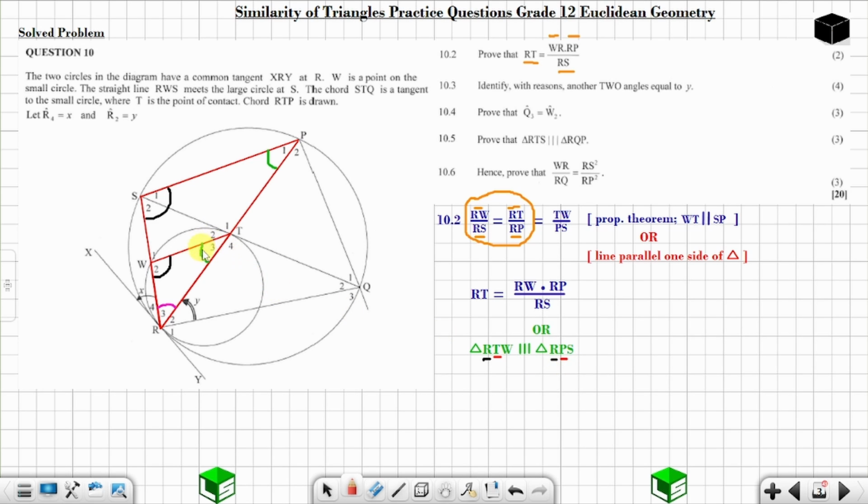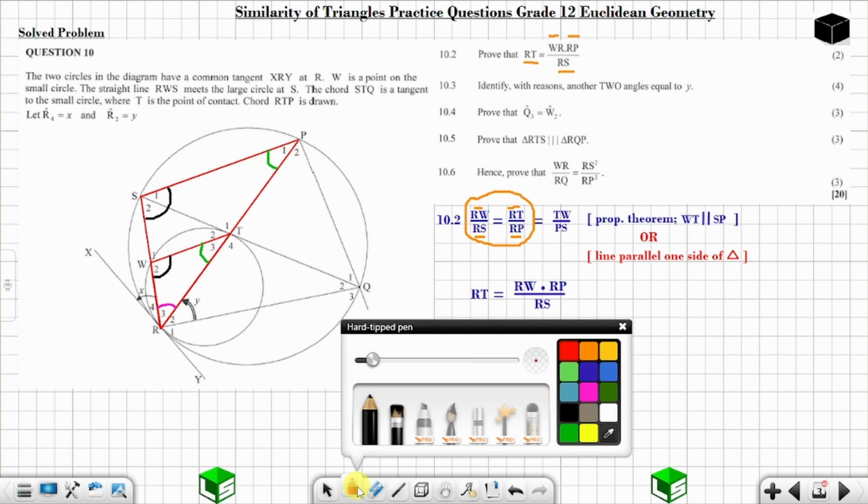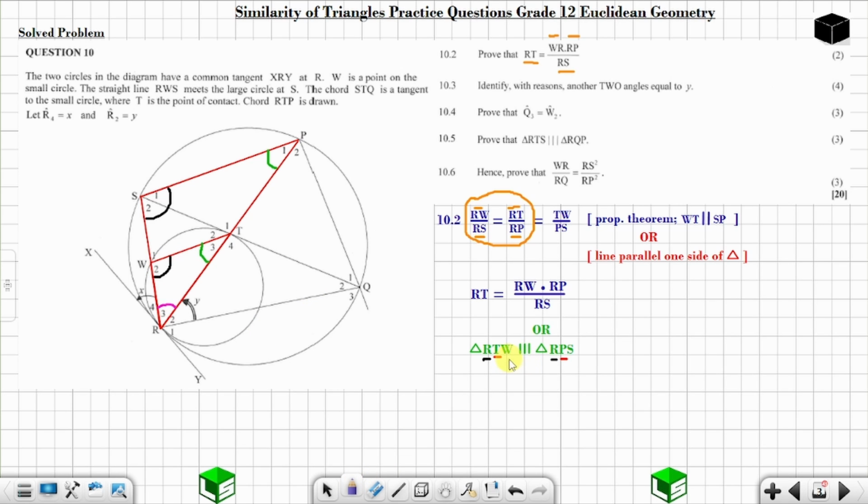Angle T3 is equal to angle P1. And angle W2 is equal to this angle at S. Always respect the order so that you write the proportionality equation correctly. So we have used the similarity property angle, angle, angle.